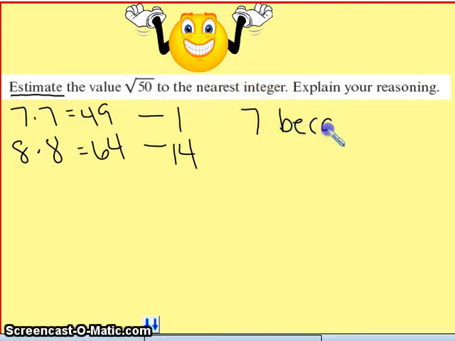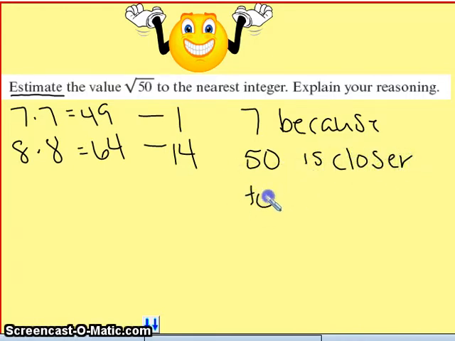And that's because 50 is closer to 7 squared than to 8 squared.